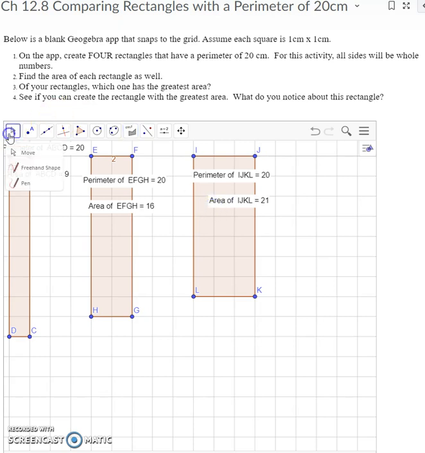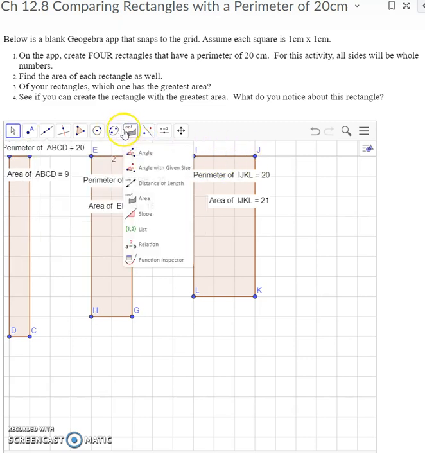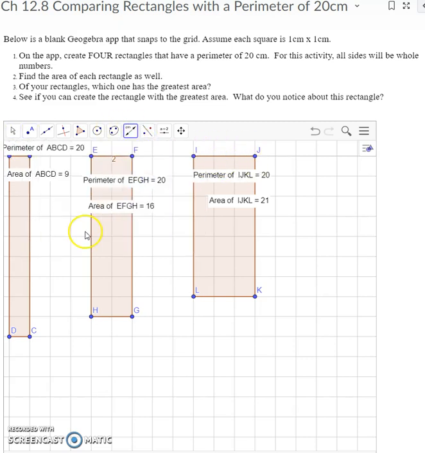So what I notice is that here, I think about my distance and length, this was a 2 by 8, this one was a 1 by 9, this one is a 3 by 7. So I notice as these two numbers are getting closer, the area is getting larger. So I want to get those two numbers as close as possible.